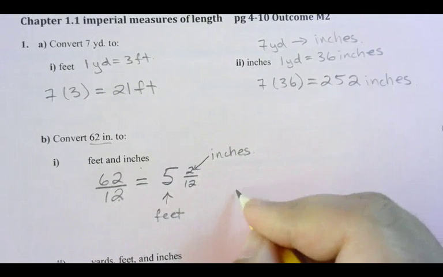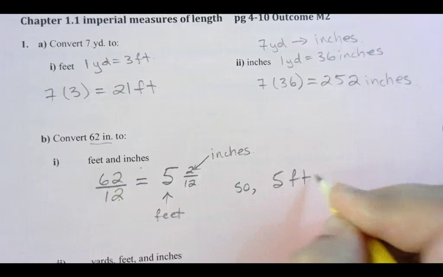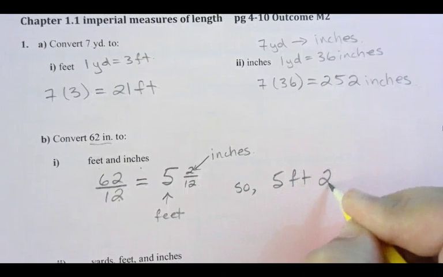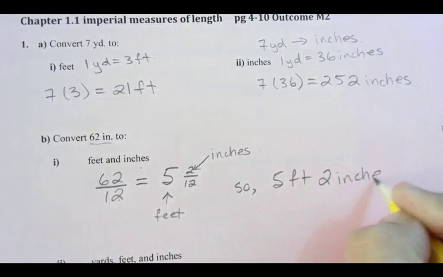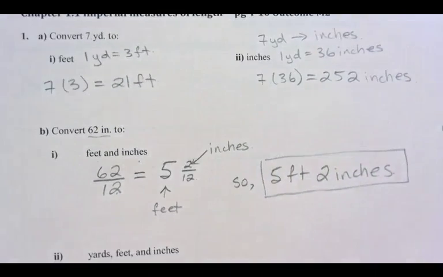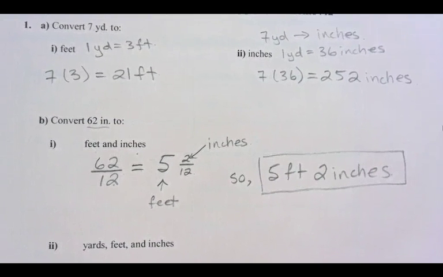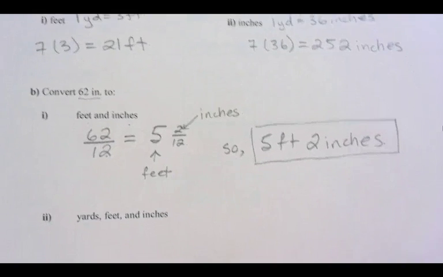All right, so then this is 5 feet and 2 inches. Okay, and that's what we're looking for as our answer. So we want to know how many full feet and how many inches.